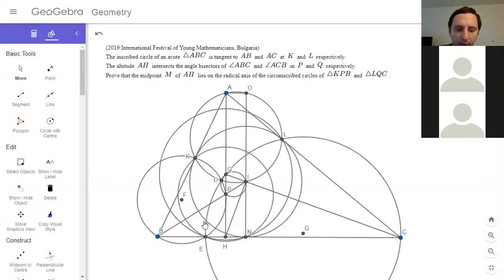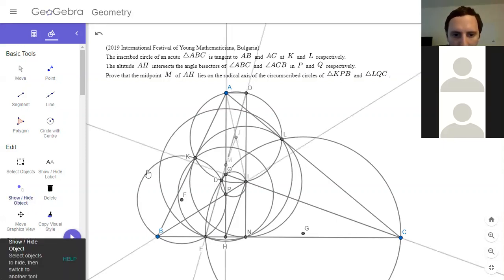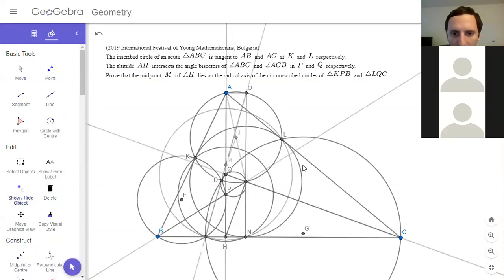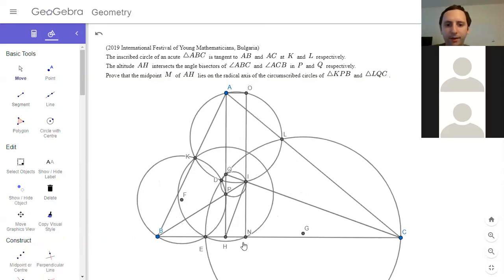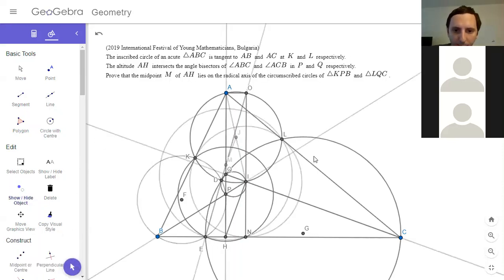Like we originally assumed that BKP and LQC concur on BC. But we still have to prove that, right? If we assume E to be the reflection of N over AH and then prove that QLCE is cyclic, this would imply both. So basically, yeah, let E prime be the reflection of N over H.